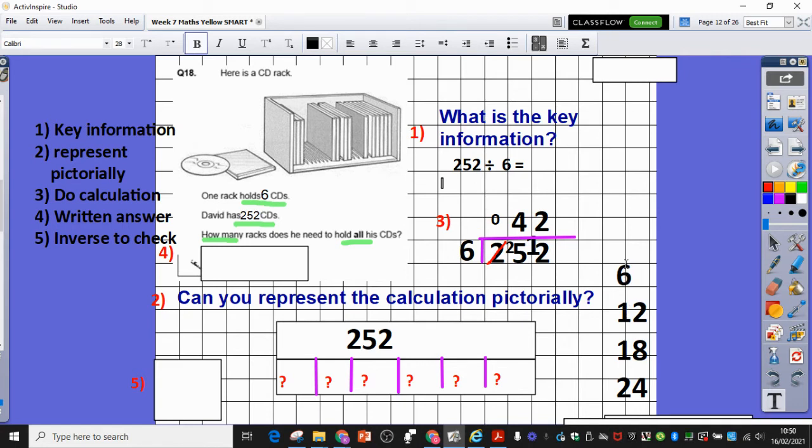If you know what 1 times is, you know what 10 times is. If you know what 10 times is, you know what 5 times is. I've only listed 4 here, but you can do 5, 10 derive quite easily. So 6 goes into 25 4 times with 1 left over. 6 goes into 12 2 times. So I know then that each one of these will become 42.